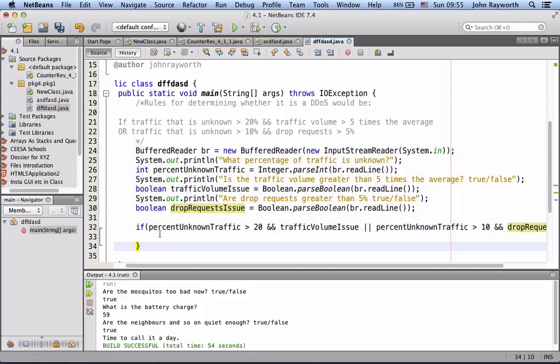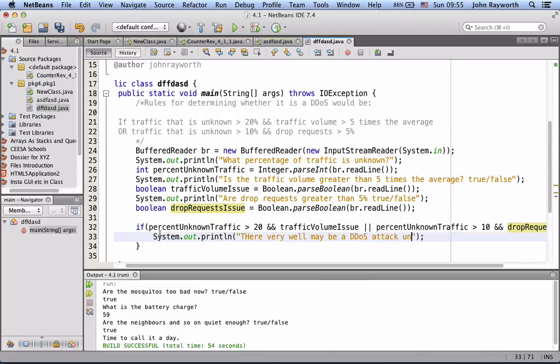If any of those, then we'll just keep it simple and SOUT something right here: there very well may be a DDoS underway.